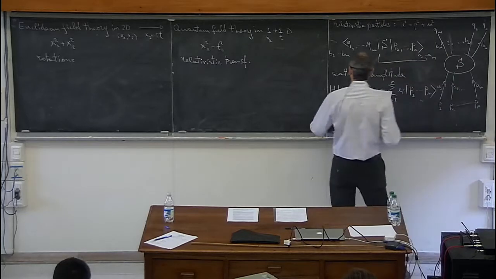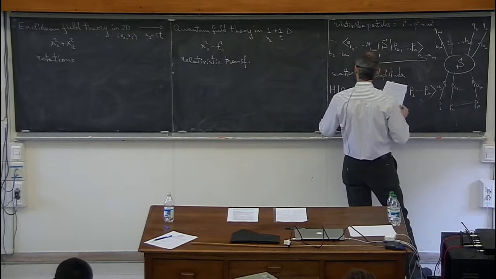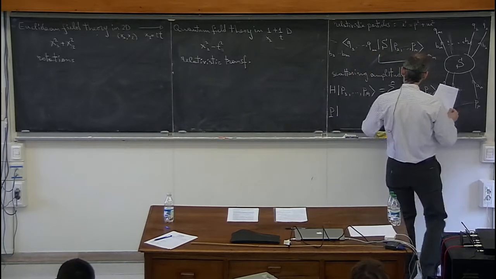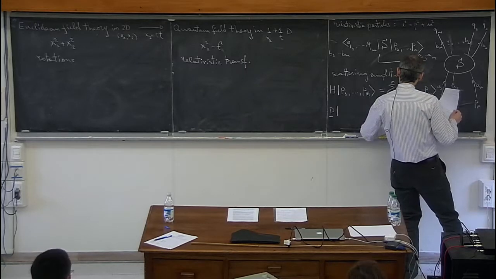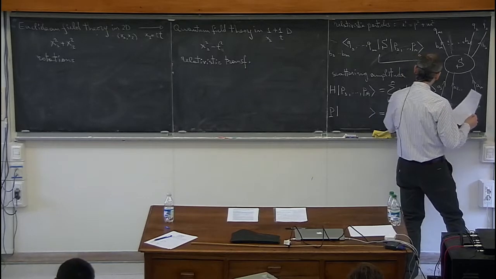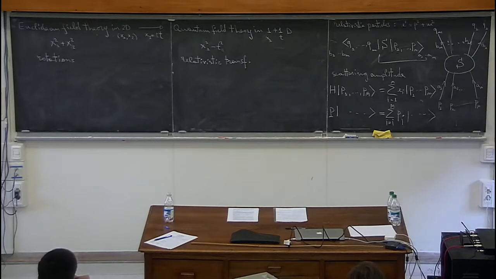And similarly, in this 1 + 1 dimensional system, I have a momentum operator, which I call capital P, which acting on the state will give me the total momentum. So the state is the same.